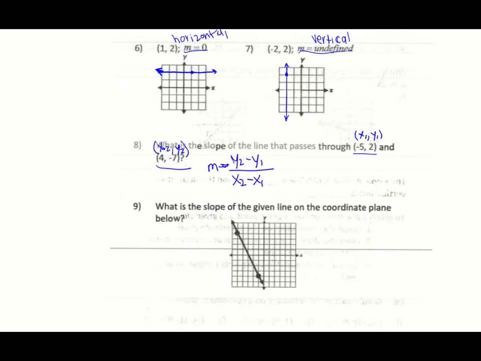I get y2 is negative 7, y1 is 2, x2 is 4, and x1 is negative 5. So negative 7 minus 2 gives me negative 9. And 4 minus a negative 5 gives me 9. Negative 9 divided by 9 equals negative 1. That is my slope.